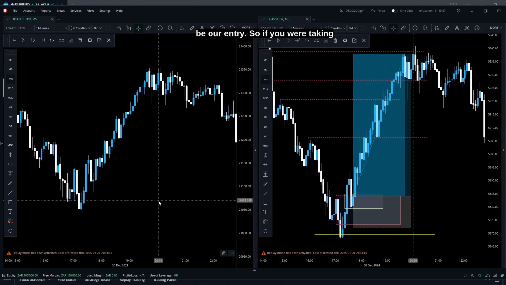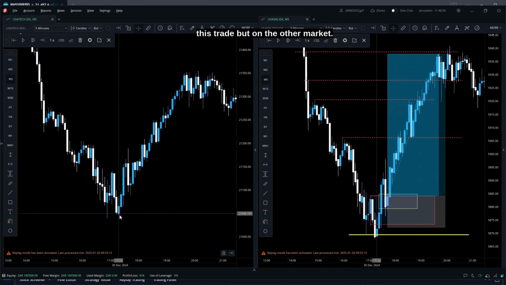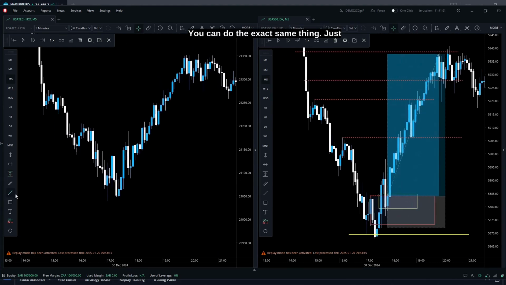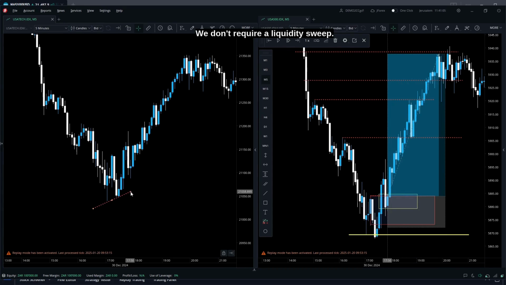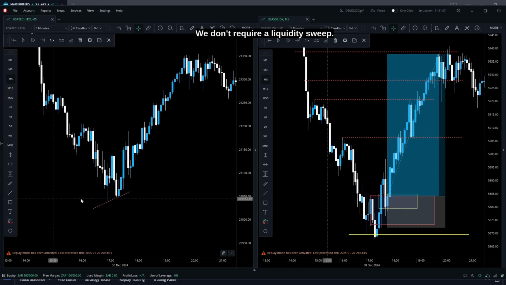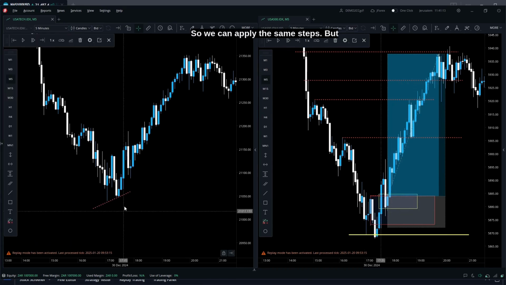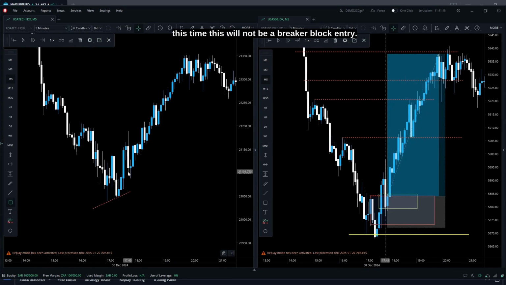So if you were taking this trade but on the other market, you can do the exact same thing. Just remember that with an SMT, we don't require a liquidity sweep, so we can apply the same steps, but this time this will not be a breaker block entry, because remember, we don't have the sweep of the low, and so we can consider this within a trend.